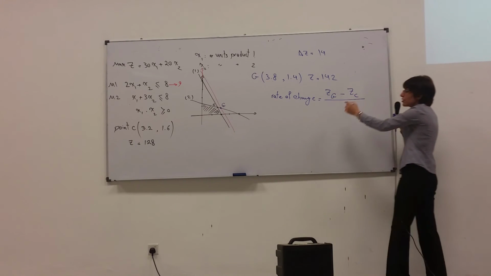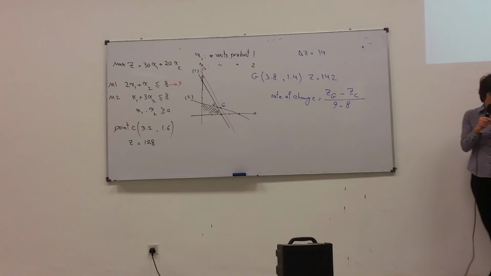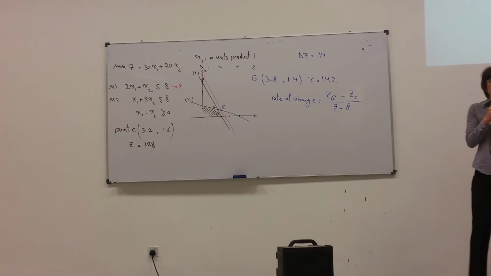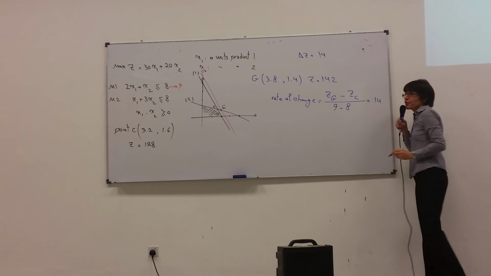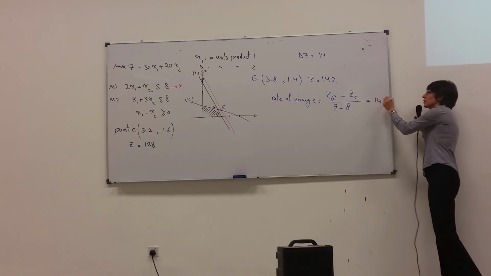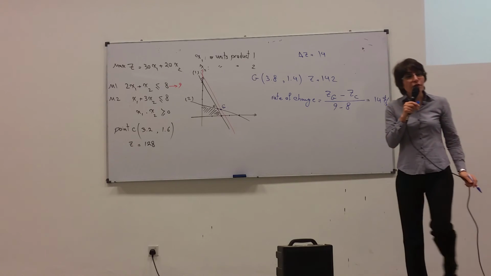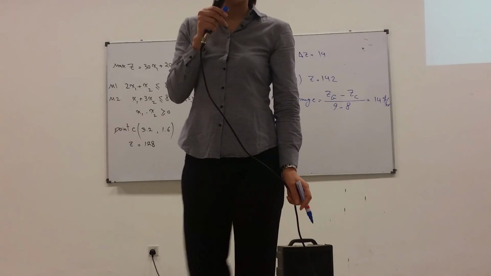How much do we change? We change 8 to 9, so the capacity of the change is 1 hour. The answer is $14 per hour. The change of the optimal solution is $14 per hour.